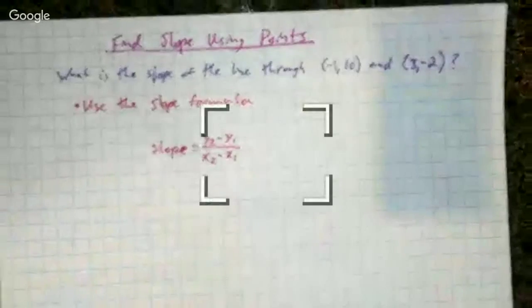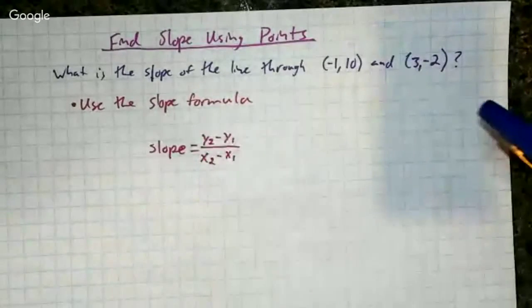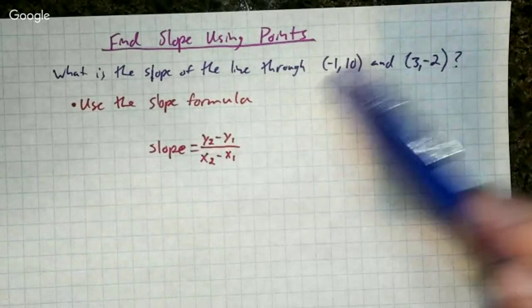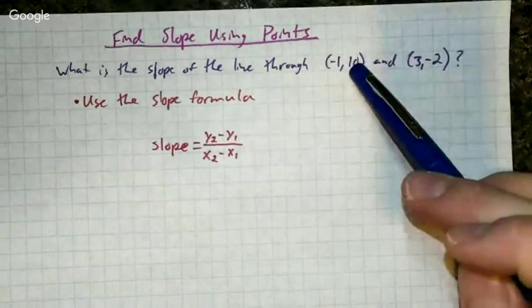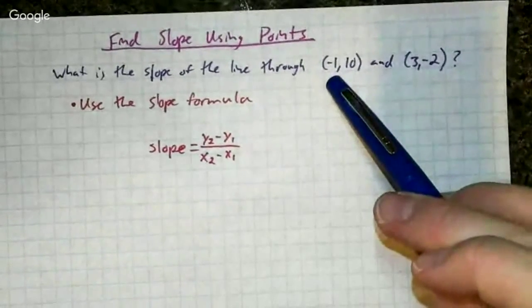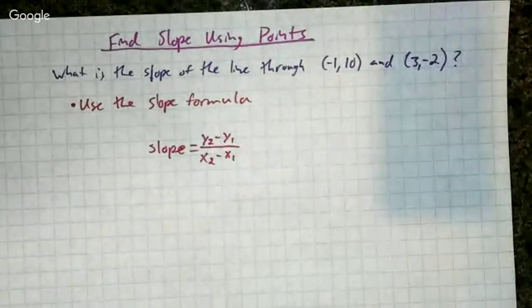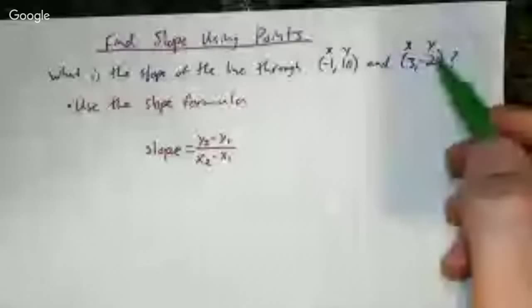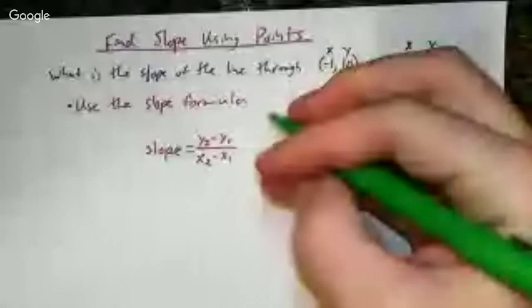Now, it does not matter which one you put where, as long as the two points coincide. So if you choose this to be your y2, then this needs to be your x2. So you need to make sure that is true. This is going to be my x2 and y2 because it's the second one. But it doesn't matter as long as you keep them organized.